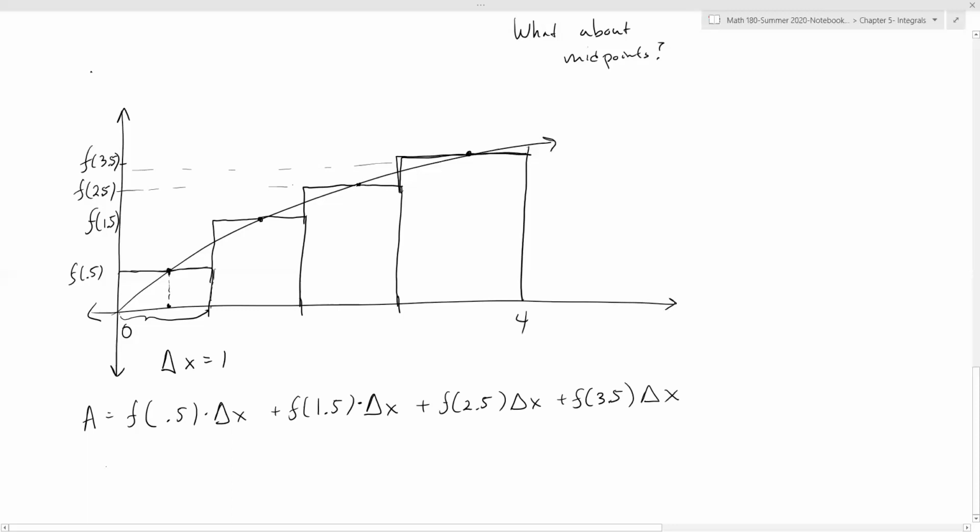Okay, and that'll then equal root 0.5 times 1 plus root 1.5 times 1 plus root 2.5 times 1 plus root 3.5 times 1. And that's going to approximately be 5.3838. Okay.